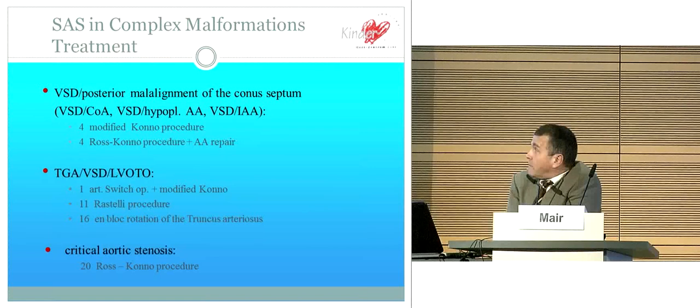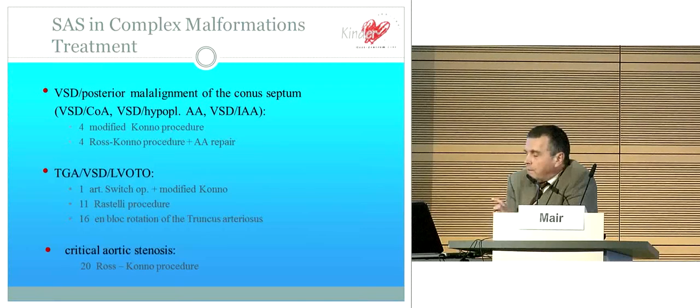In the complex transposition, in one patient we did an arterial switch operation and did a similar procedure as in the VSD group. We did this modified Connor procedure, incising the conal septum up to the pulmonary valve in this case. In 11 patients we did a Rastelli procedure, and in 16 cases a so-called en bloc rotation of the truncus arteriosus.